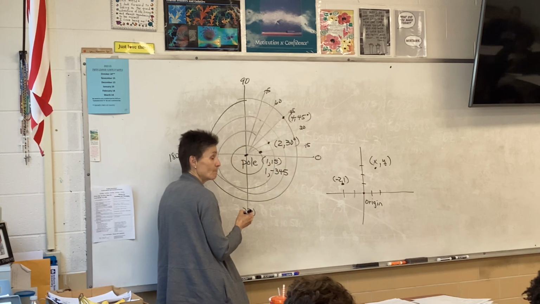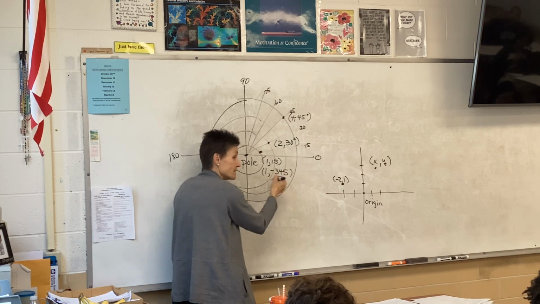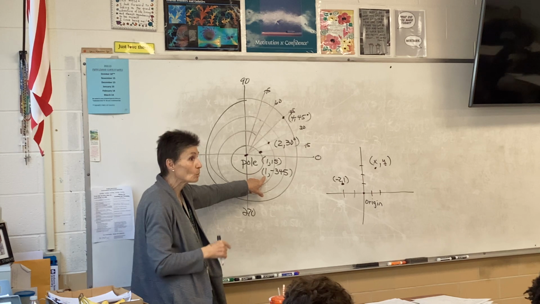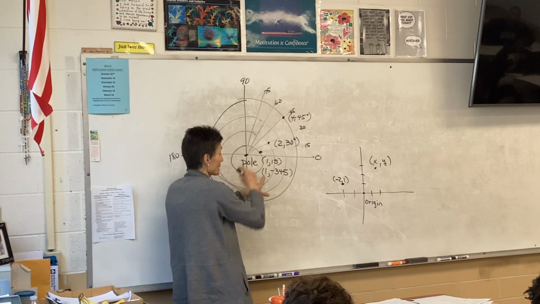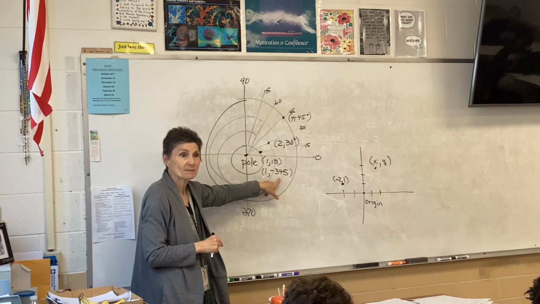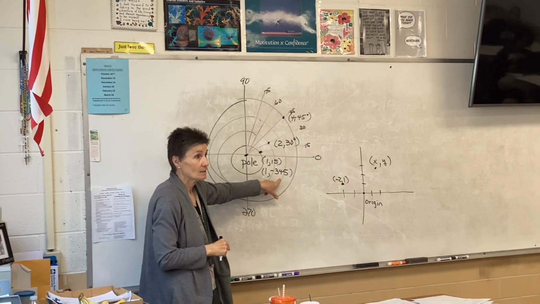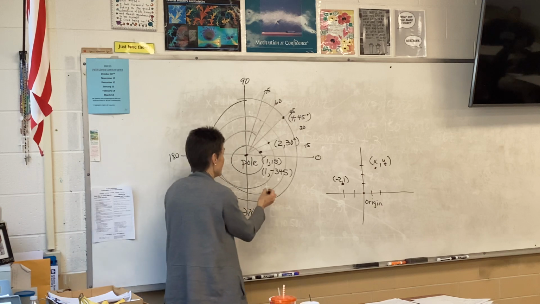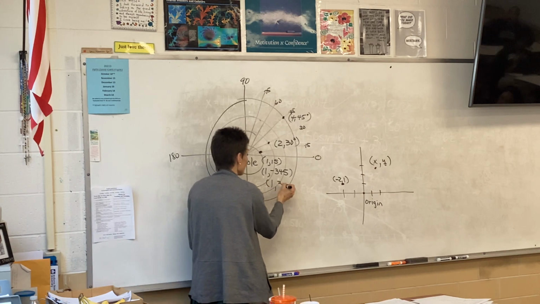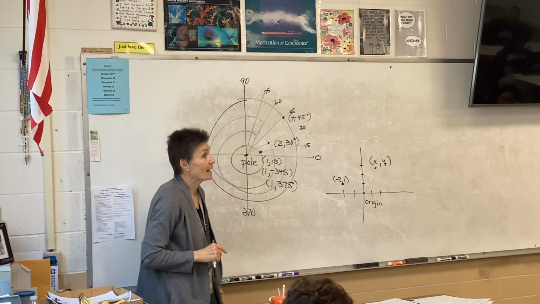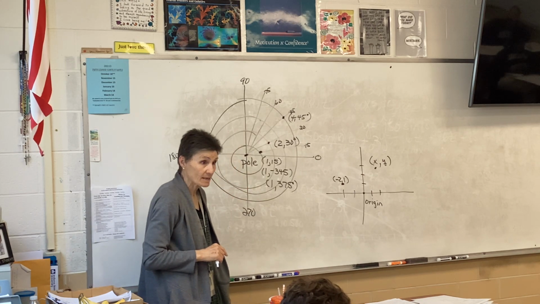Oh yeah, because how are polar coordinates identified? A distance from the pole, 1, and an angle in standard position. Nobody said the angle had to be positive. Furthermore, 1, 375. Nobody said the angle had to be less than 360.